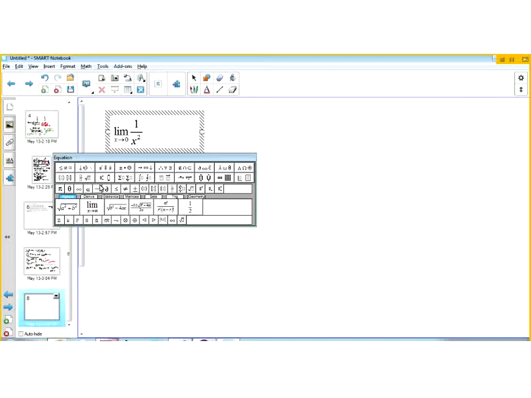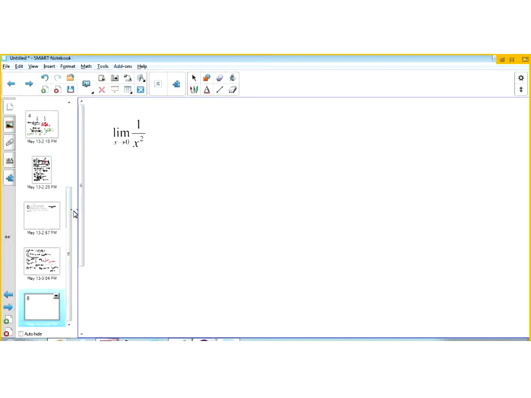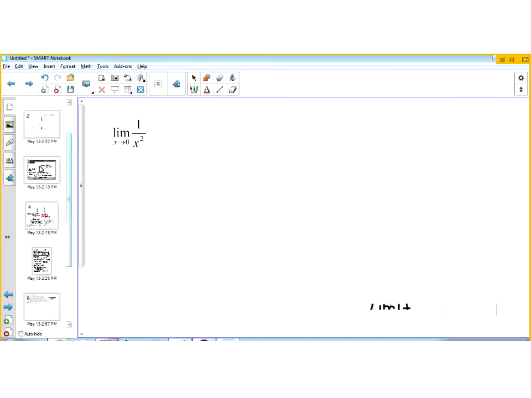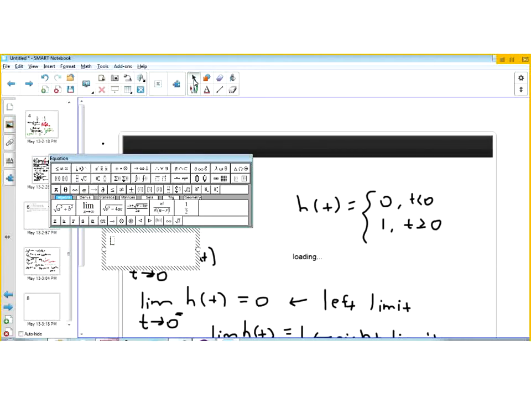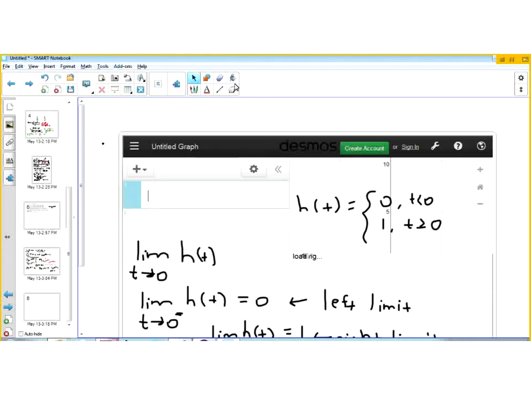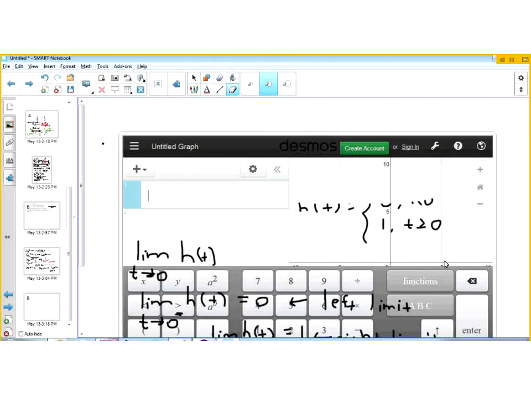So let's take a graphical approach. Let me go back to the graphing calculator I had right here. I don't think we need this anymore, so we'll go ahead and erase all of the markups here.